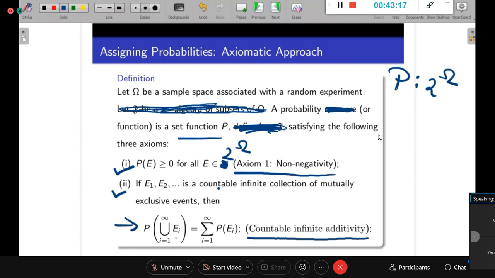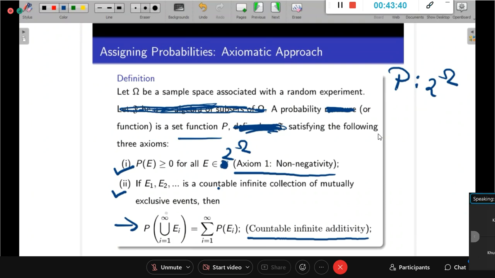In that case, the probability of the union over i equals 1 to infinity of Ei is the summation over i equals 1 to infinity of the individual probabilities of each member.